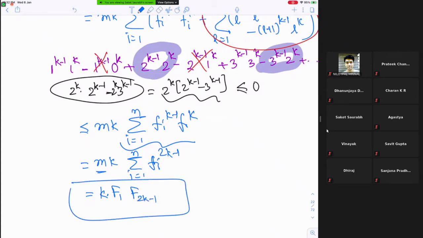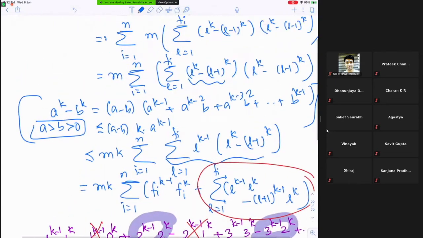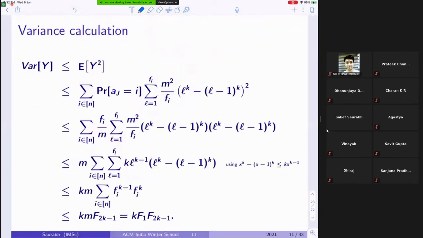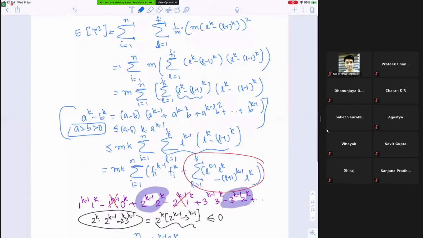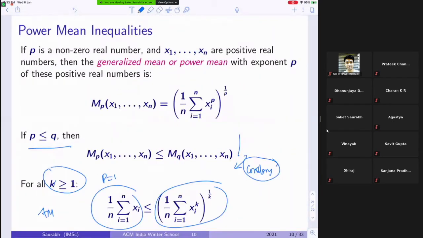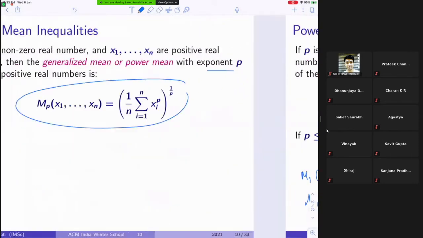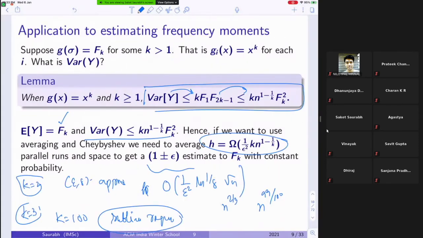This is our goal. We achieve this. Do you agree? k times F1 times F_{2k-1}, this is what we wanted to achieve.